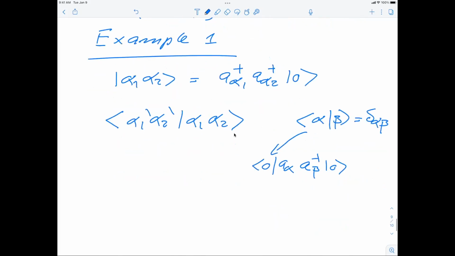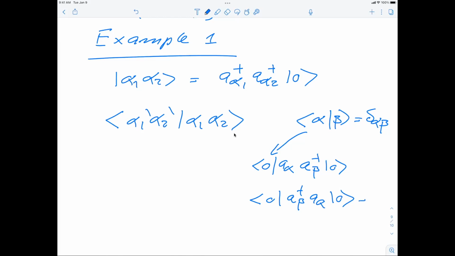On the other hand, if I look at another element, which is given by A beta dagger, A alpha 0, what does that give us? 0, exactly.